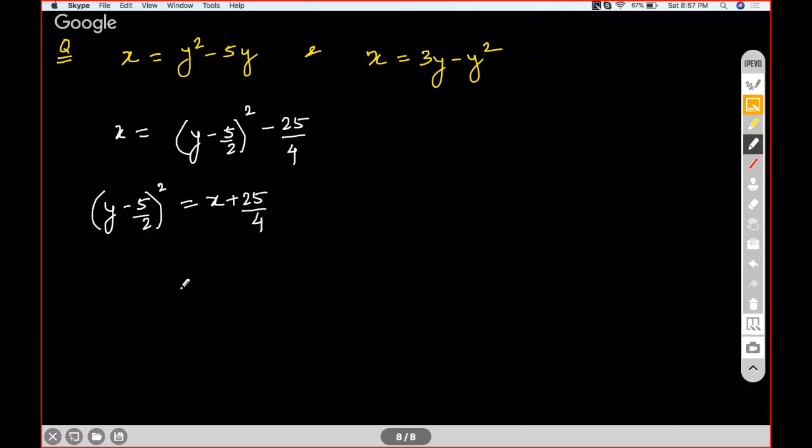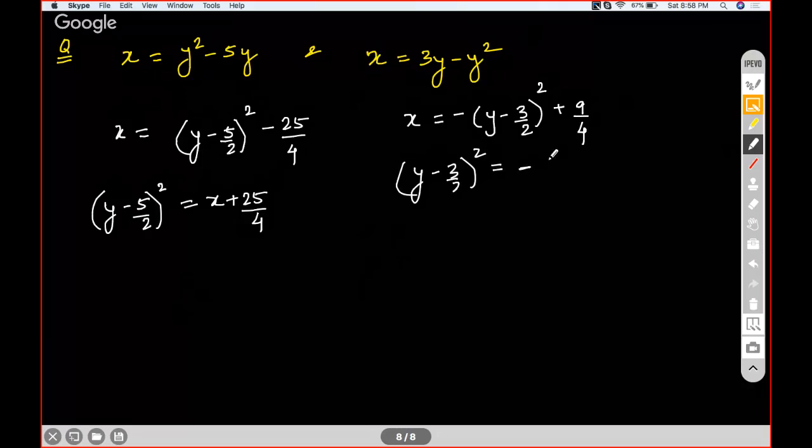Similarly for this, same thing. So this will be y minus 3 by 2 the whole square is negative of x minus 9 by 4.